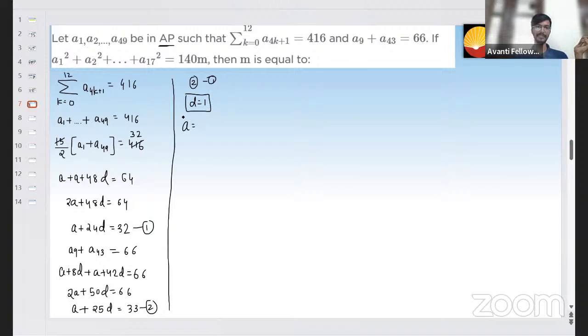If D equals to 1, take anything you can take. So A is 8. Now they have given summation k square is equals to 140 into m.